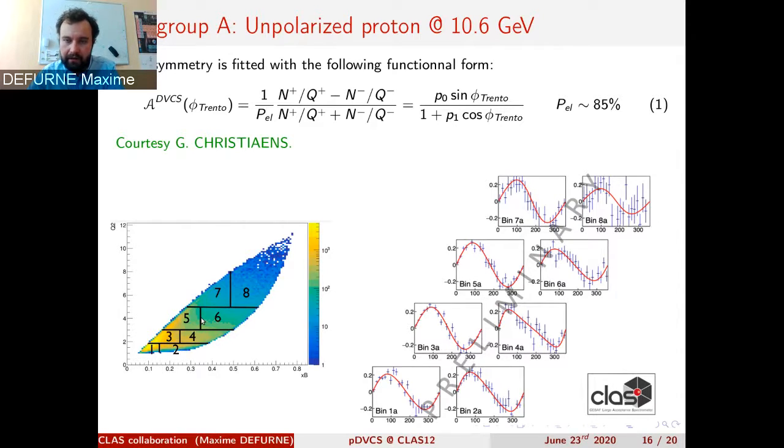So what you can see is that if you increase x_B, usually it seems that your asymmetry is getting smaller. It is interesting also, maybe I forgot to mention, that the polarization of our incoming electron was very high. It was about 85% for both run group A, so 10.6 GeV, and run group K, 7.5 GeV.